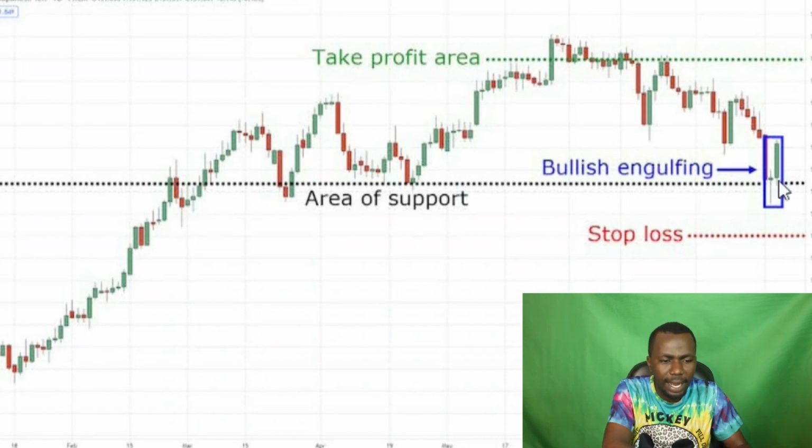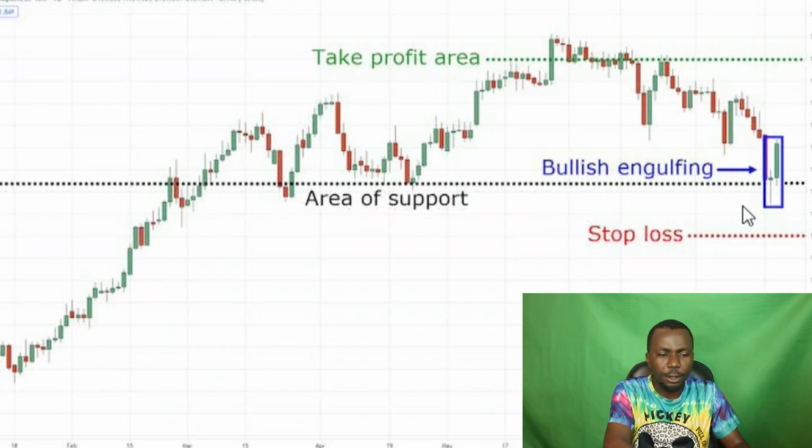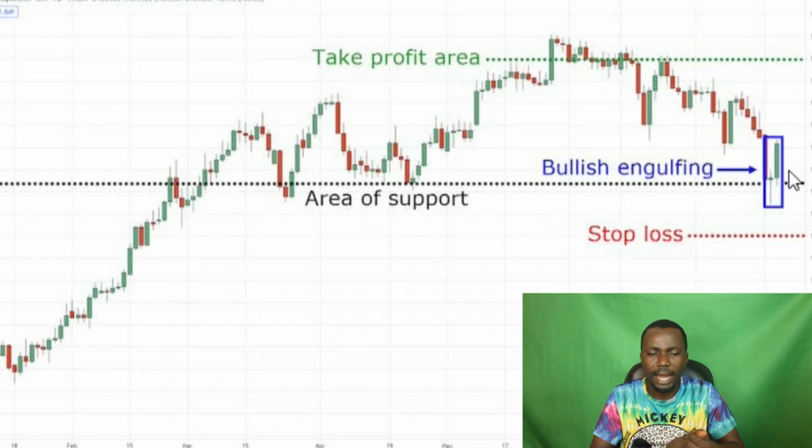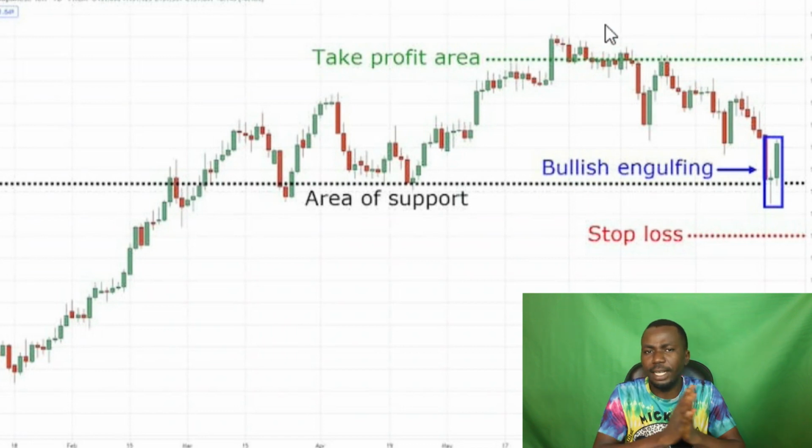So when you identify a bullish engulfing pattern during an uptrend, at a support level, it means the price is going up. So once you have identified the bullish engulfing pattern, you place your buy trade, and then target the previous high as your take profit.